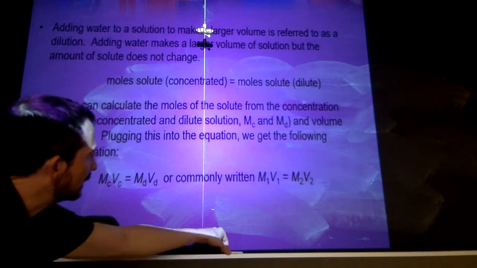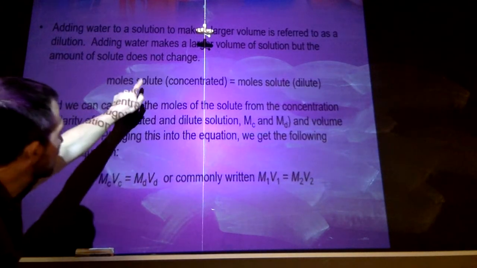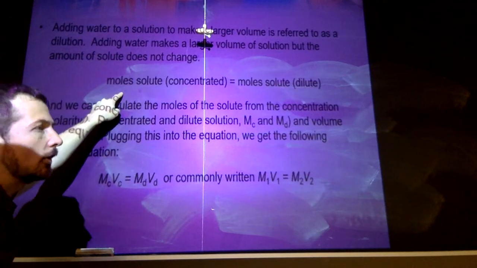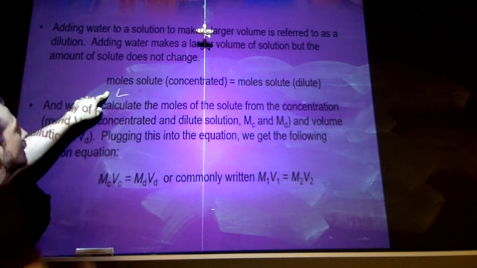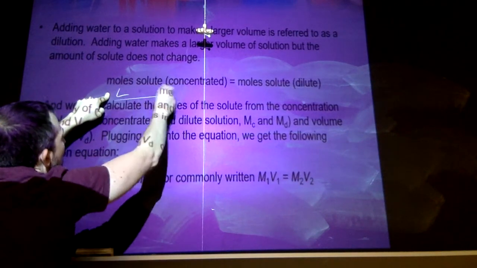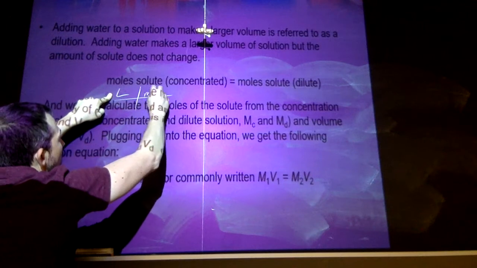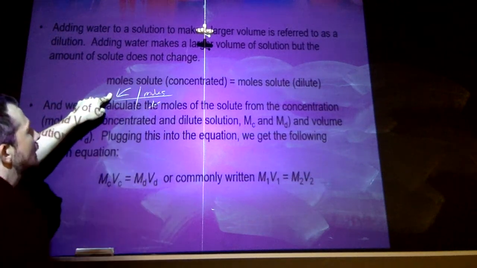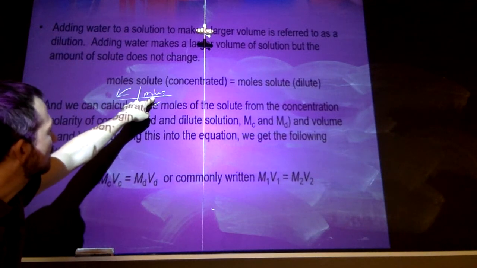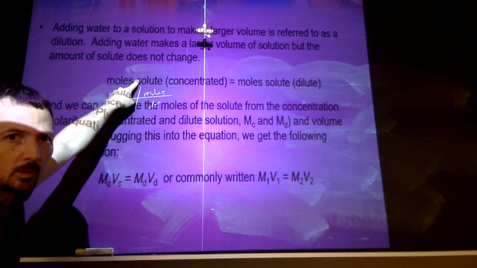So how can we find moles if we're given a volume in liters? My molarity is moles per liter, and so if I take my volume times my concentration, I get the number of moles.